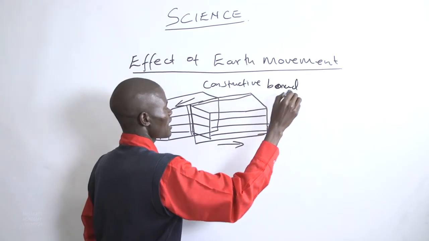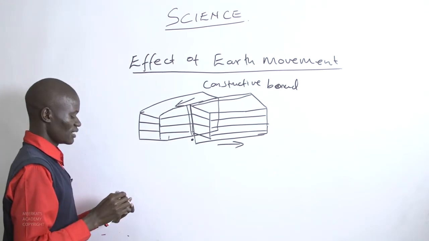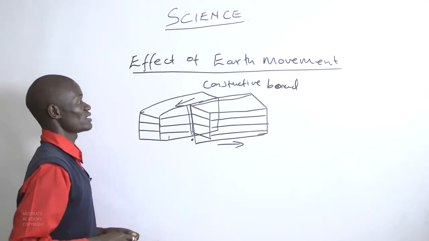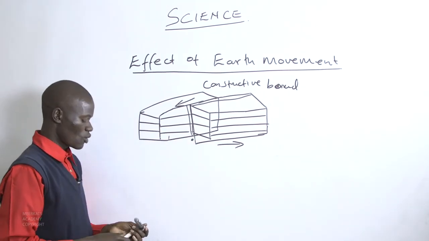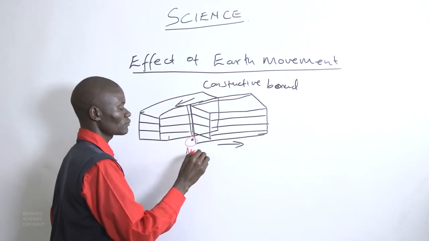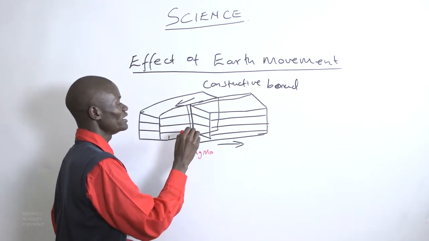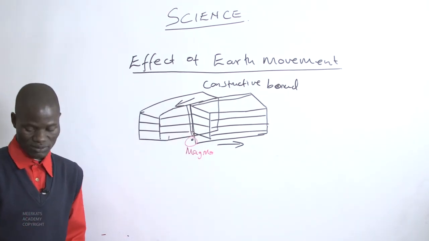And then if these are two plates sliding past each other, what will happen? This is now giving us a point, especially in the areas where there are rings of magma, that may trigger what we call an earthquake or a volcano.